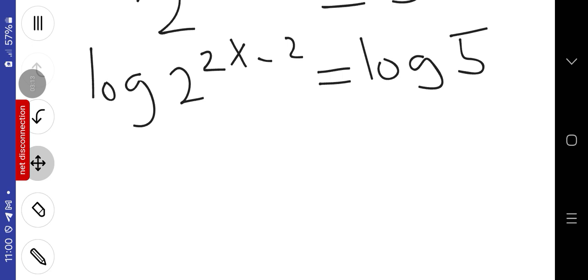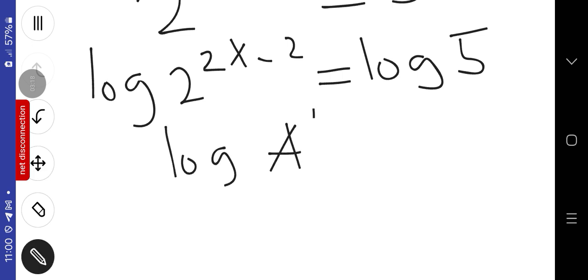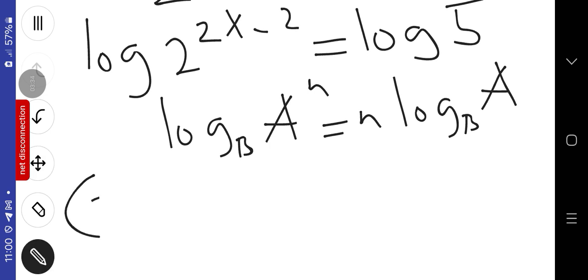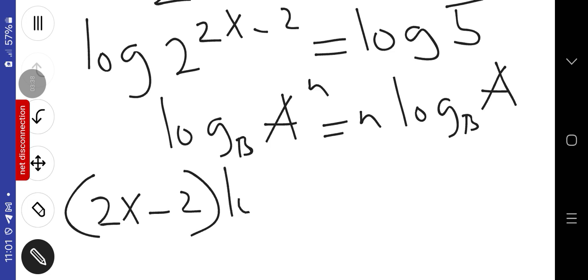If you have log a exponent n to the base of b, this can be written as n log a base b. Now let's apply this concept to the left part of our equation. So you're going to have 2x minus 2 log 2 is equal to log 5.